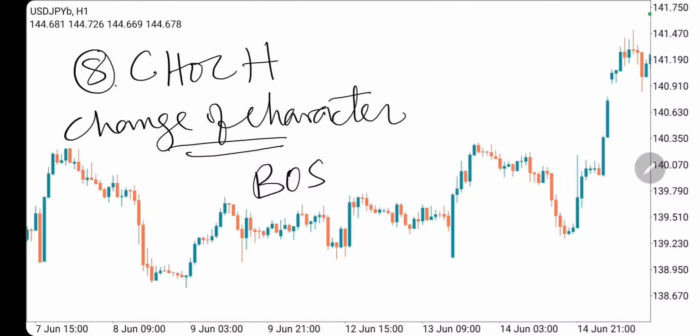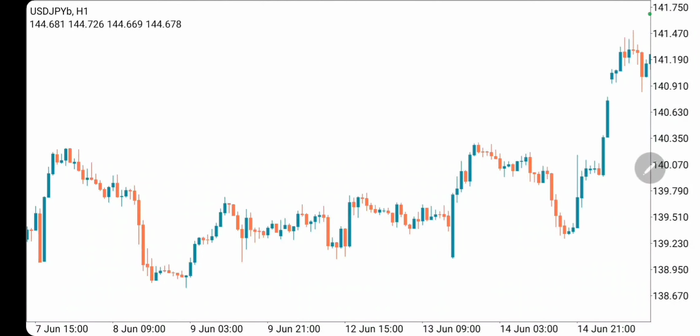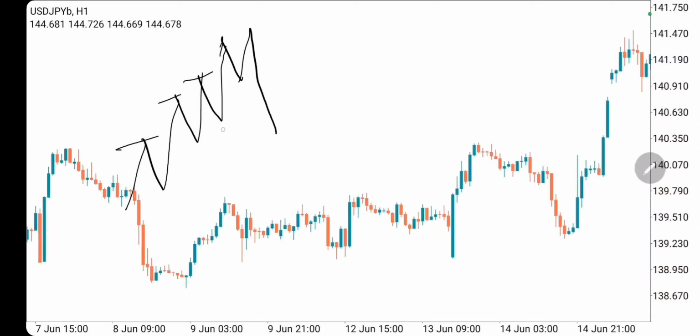Let me give you a very brief description of what change of character means in comparison with your usual break of structure. The market makes a higher high, higher low, and at this point the market now breaks structure to the other side.